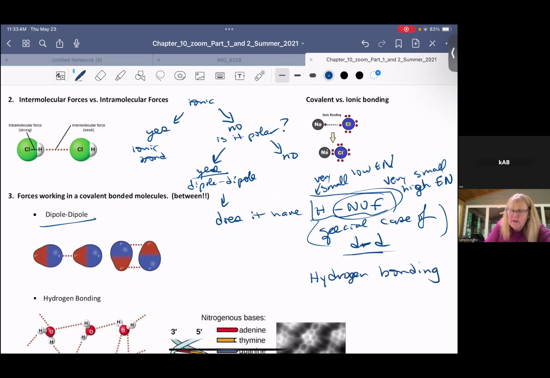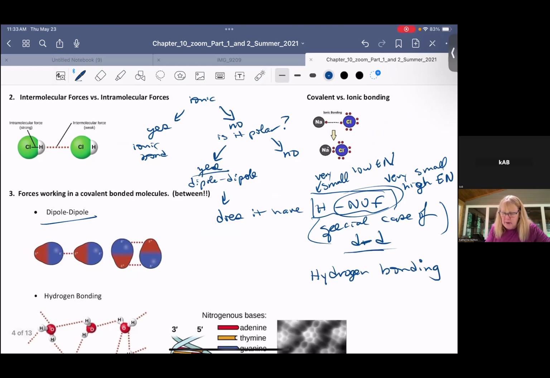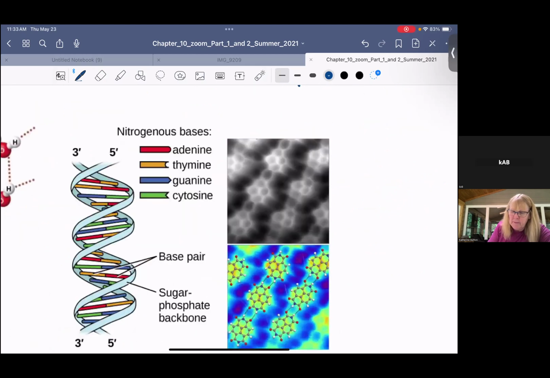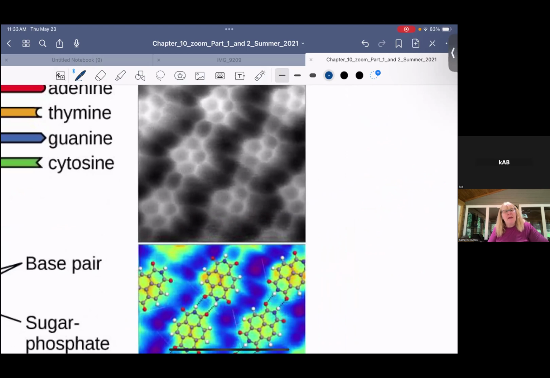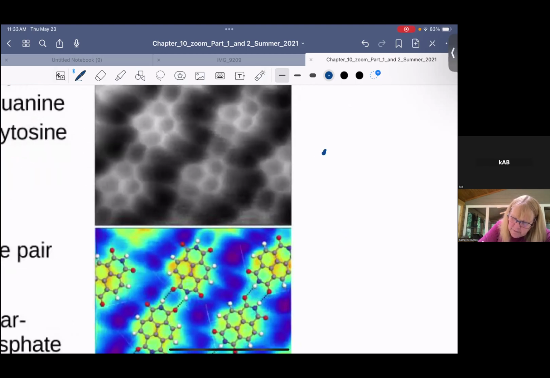Now, hydrogen bonding is still much weaker than an ionic or a covalent bond, but I'm going to put this structure in here on the bottom because it is relevant. This is an atomic force microscopy image of this molecule. And what we see here is this spot right here.